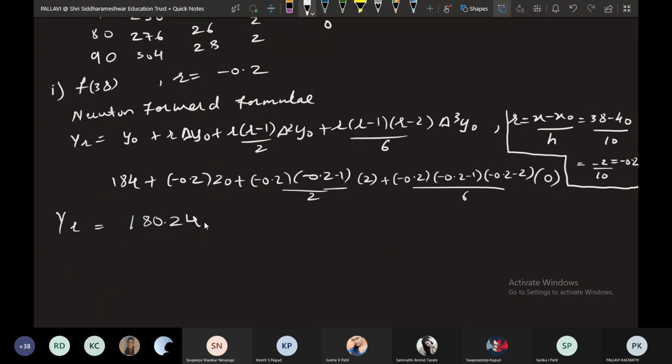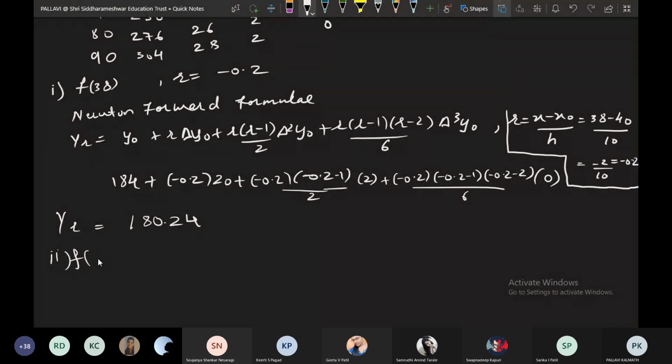Anybody got this answer? Yes, ma'am. Okay, others, see where you are going wrong in the symbols, plus and minus. So what is the next value they have told you to find?